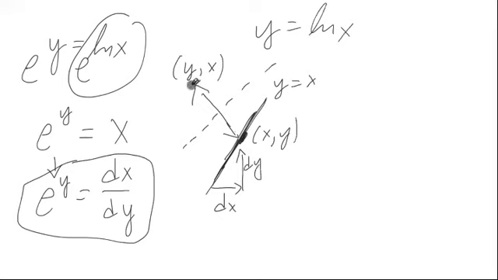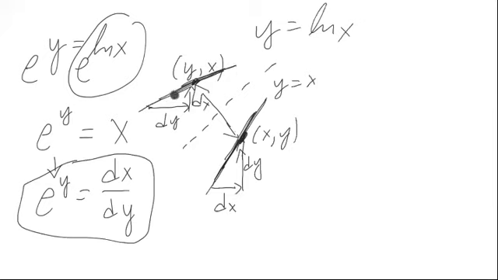Then the tangent line that's over here on this side is going to be swapped, because y's and x's swap, so rises and runs swap. So here, this dy is actually going to appear right here, and this dx is actually going to appear right there.